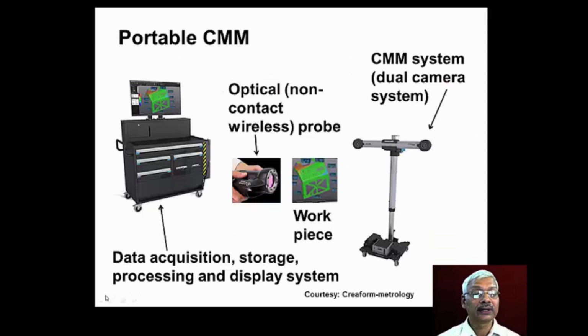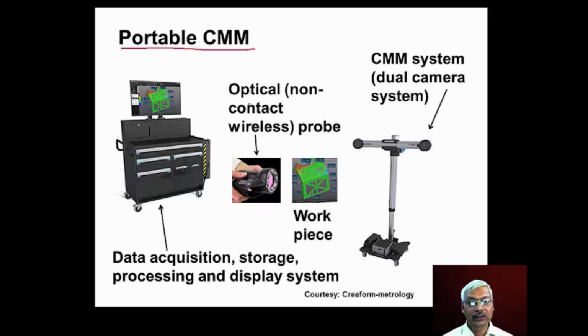Now let us move to another very interesting topic, known as the portable coordinate measuring machine. In the previous discussion, we studied the various configurations of coordinate measuring machines, how the measurement data is obtained, the different types of probes, and we also learnt about the CMM software.